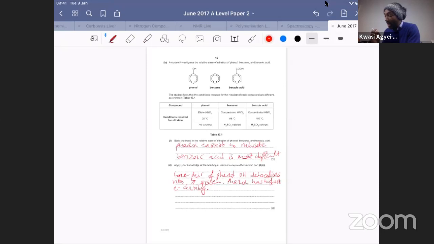If we consider benzoic acid, the COOH is an electron withdrawing group and makes the benzene ring have less electron density. So it is a poorer nucleophile.